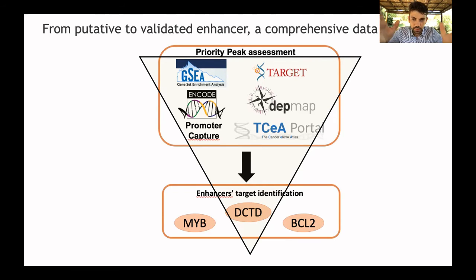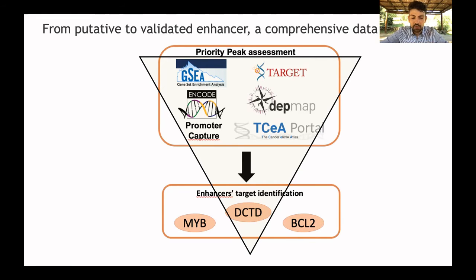So this comprehensive study allowed us to identify three main targets, which were enhancers occurring at MYB, DCTD, and BCL2 genes.